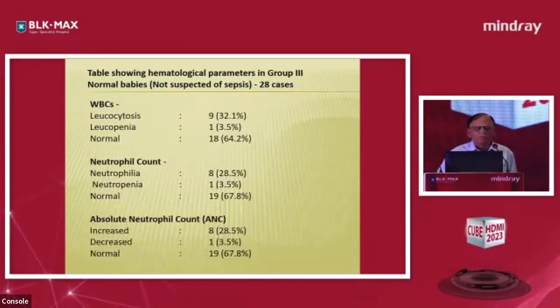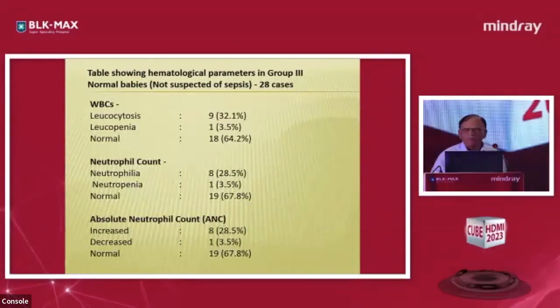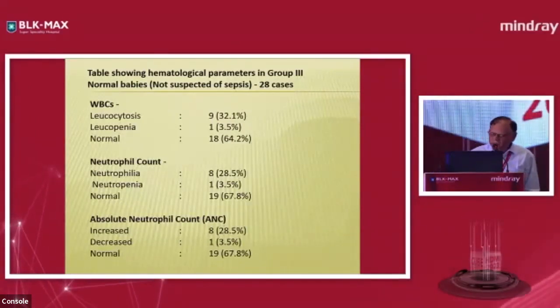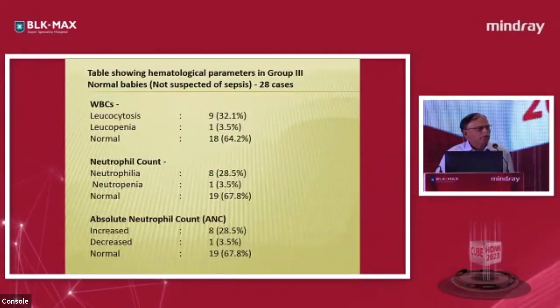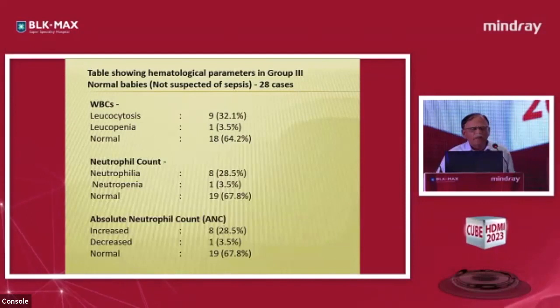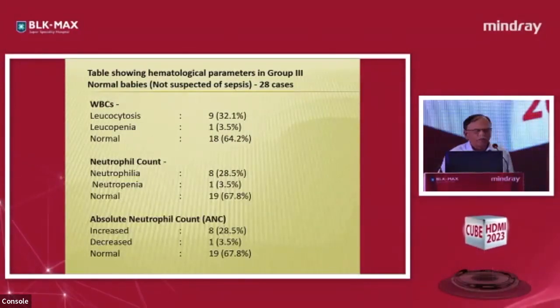Now in the last group, that is the normal babies who had no signs and symptoms of sepsis, in such cases also we found leukocytosis in 9 patients, leukopenia in only 1 patient, and 18 patients out of 28 are showing normal count.